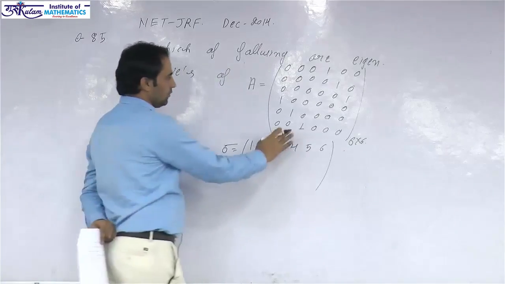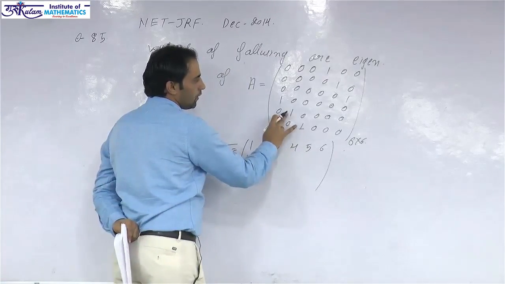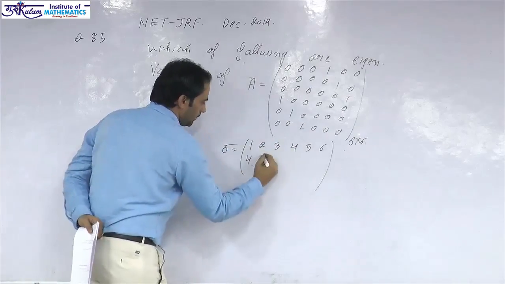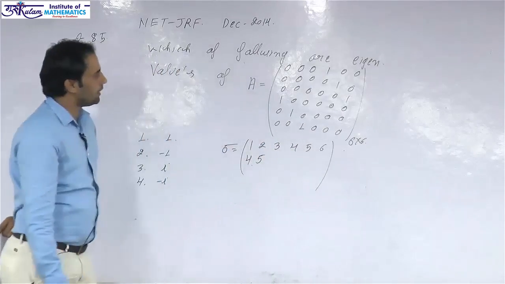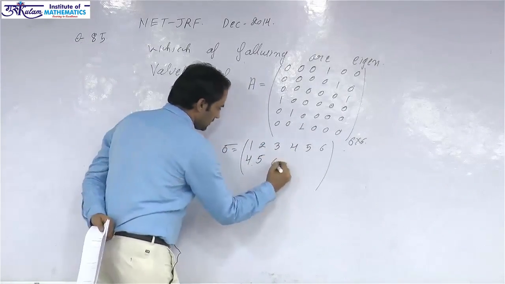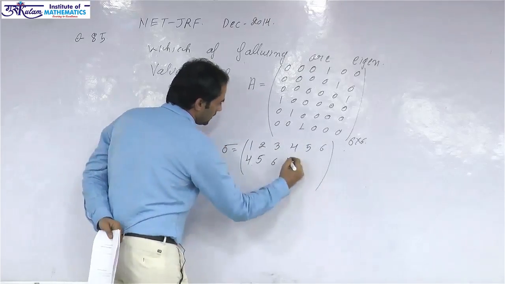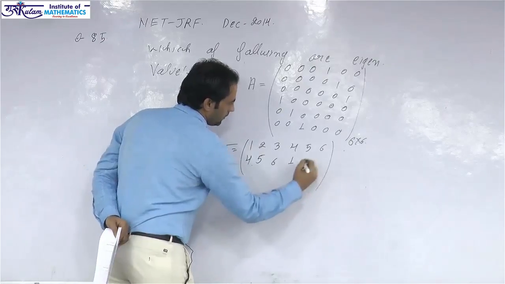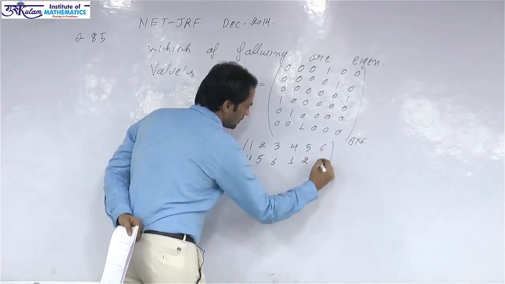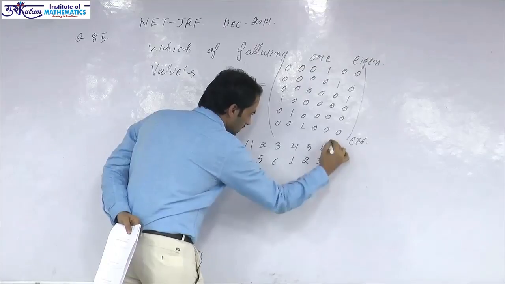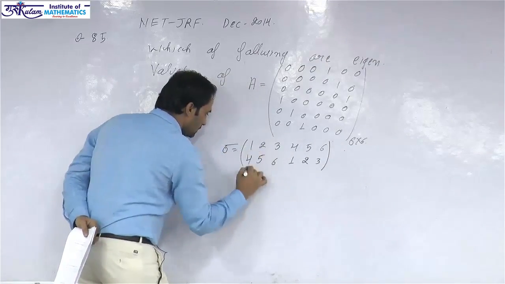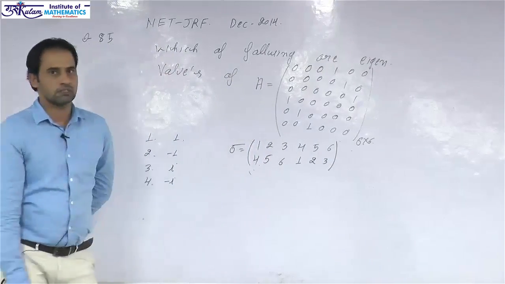Again image of 2 is 5, since this is the fifth column. Image of 3 is 6, since this is the sixth column. Similarly, image of 4 is 1, image of 5 is 2, image of 6 is 3. So this is the sigma corresponding to this permutation matrix.